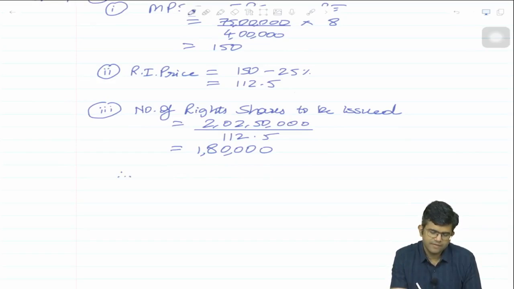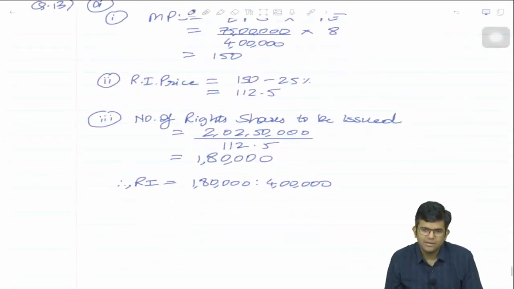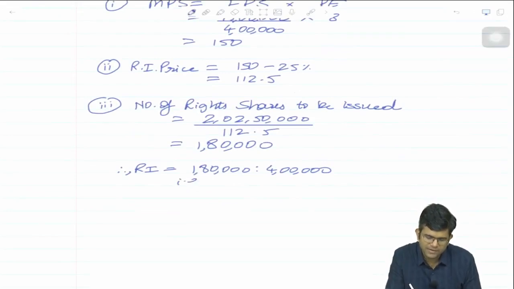Therefore the rights issue will be 1 lakh 80,000 is to 4 lakh. You understand what I am writing here? Means for every 4 lakh shares held, you will be receiving 1 lakh 80,000. We can boil this down to 9:20.